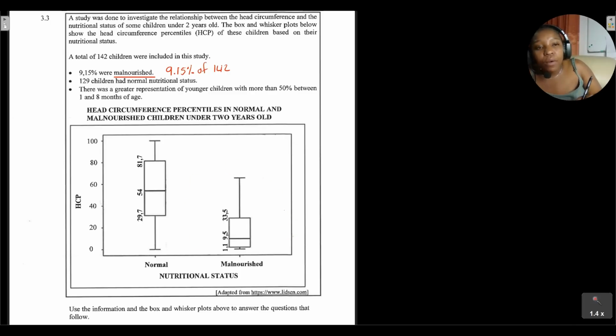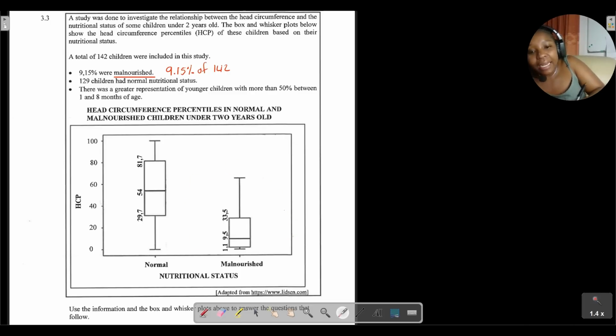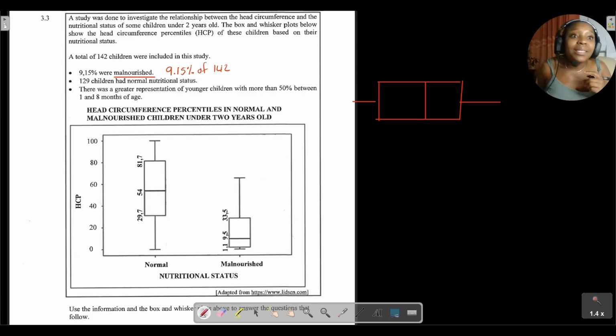Now remember, when it comes to analyzing our box and whisker diagram, I'm just going to quickly explain this to you again. We know that our box and whisker diagram is divided into 4 equal parts, even if it's skewed, in terms of the percentages represented by the quartiles.